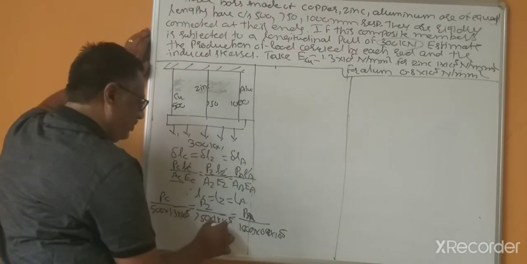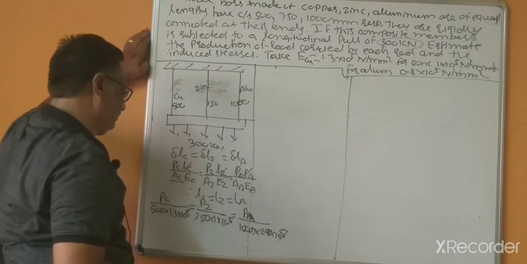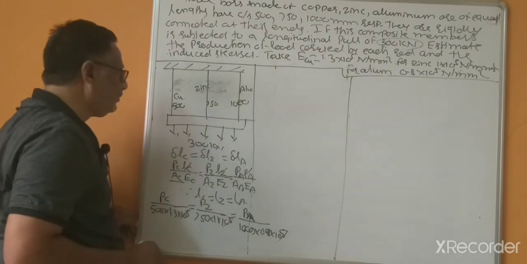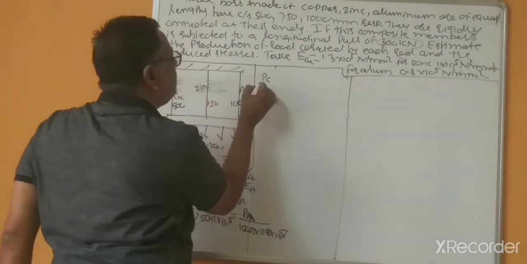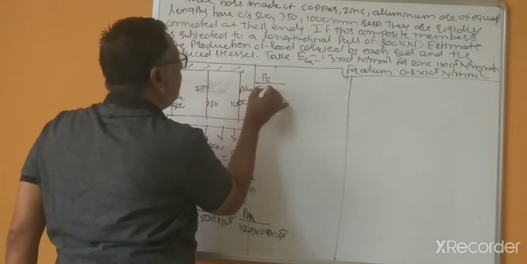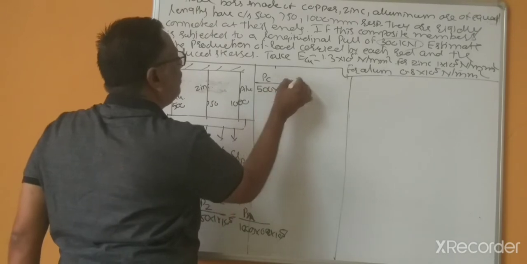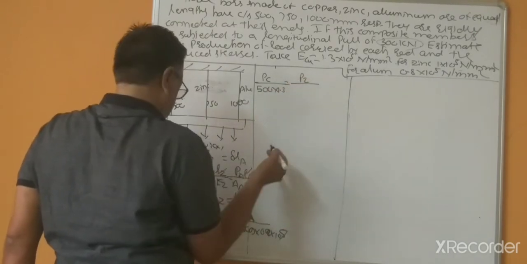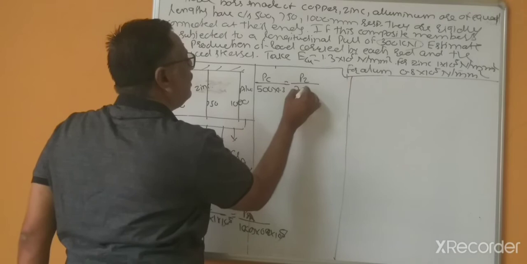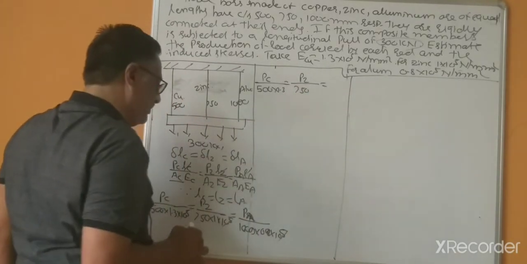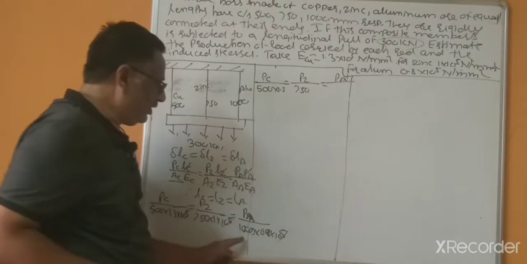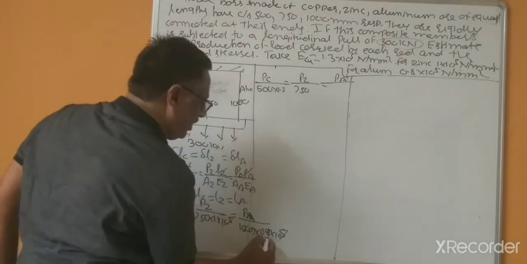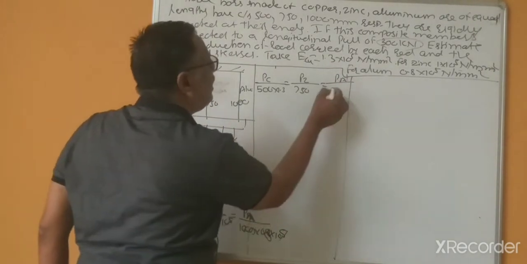So all the 10 to the power 5 I will cancel. Now what relations remain? PC divided by 500 into 1.3, PZ only 750, and this is PA. Now 1000 multiplied by 0.8, so this is 800.